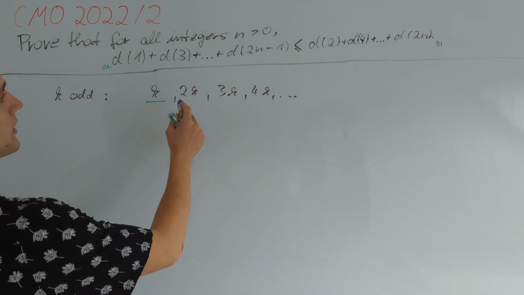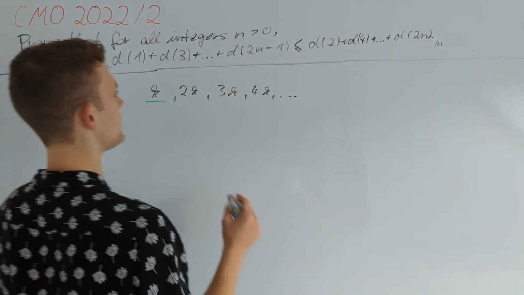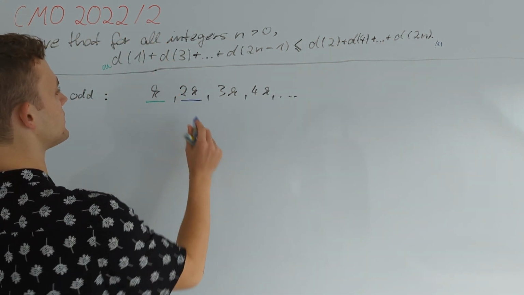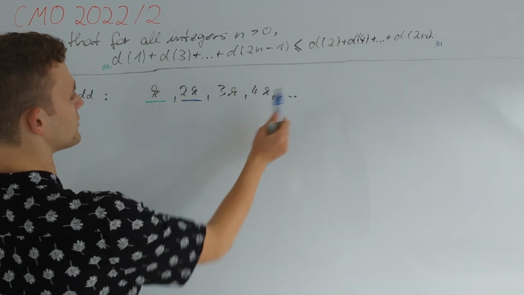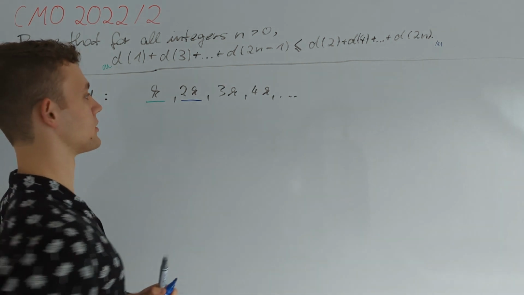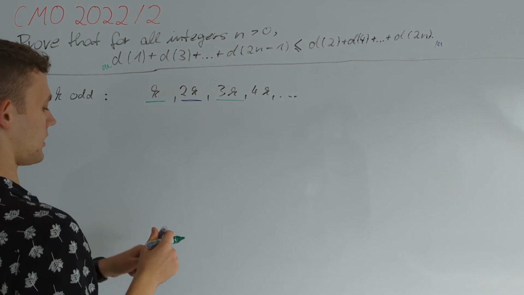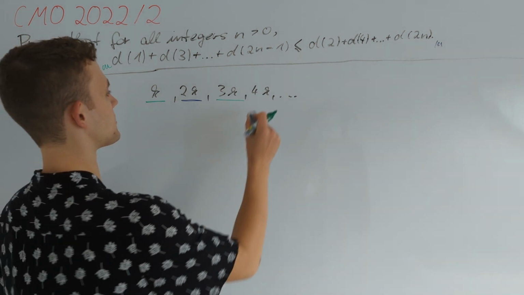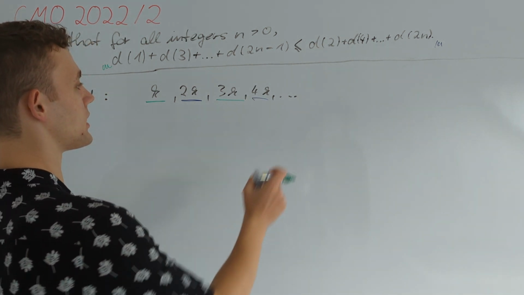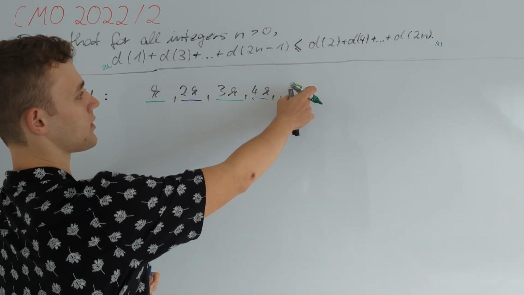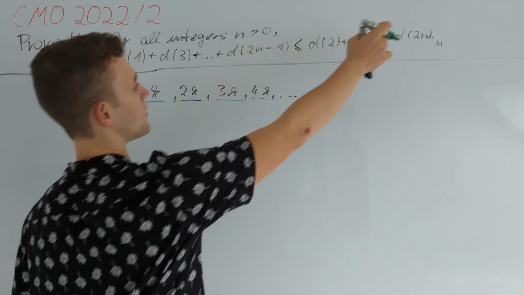If 2k does not exceed 2n, it is going to contribute to the right. Otherwise, all of those following terms are not going to contribute at all. Now 3k is going to be odd again, and we can continue this process up to the point where we hit some number that exceeds the maximum of 2n.